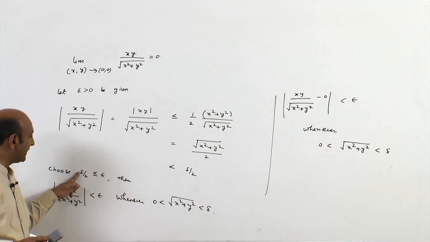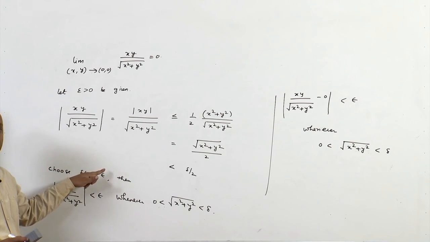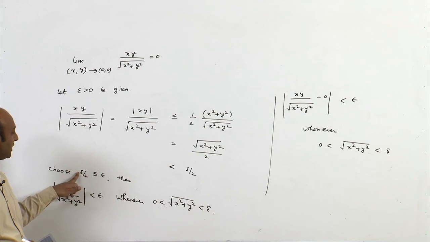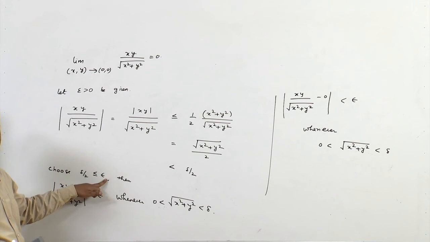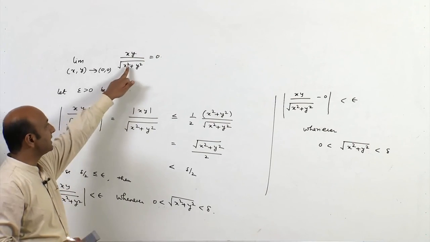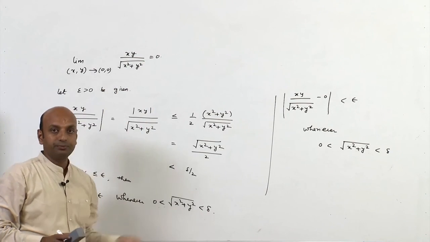So if you take any delta satisfying this inequality, this inequality will be satisfied. So we have shown the existence of delta corresponding to any epsilon such that this inequality holds. Hence we can say that this limit exists and is equal to 0.